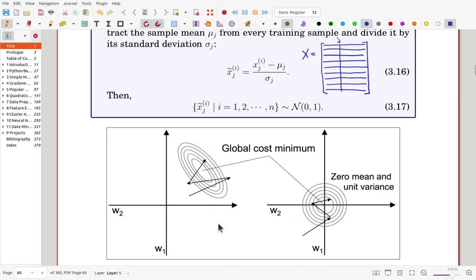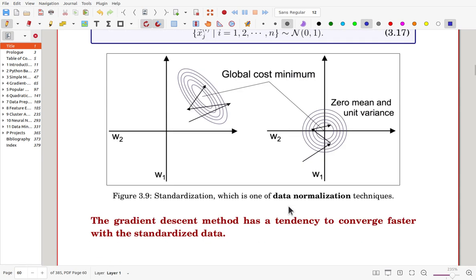For example, we have such data, and through this standardization, the center is moved to the origin, so it has zero mean, and the variance is changed to unit variance. People say that the gradient descent method tends to converge faster with standardized data.